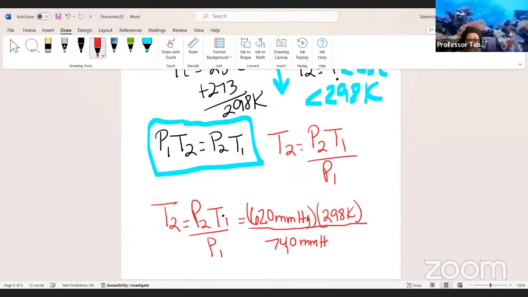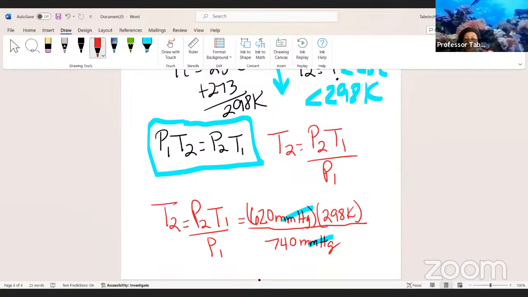So all we have to do is cancel out our millimeters of mercury. Plugging in our answer, 620 times 298 divided by 740, and we get 250.